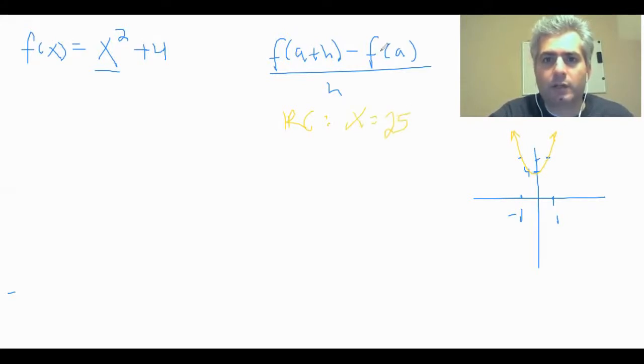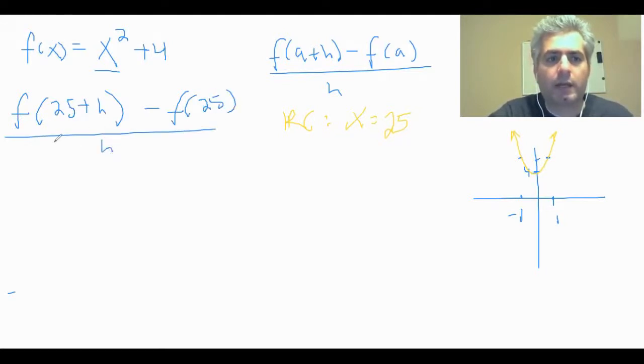Let's go right to the equation. f of 25 plus h minus f of 25 over h. Now, f of 25 plus h means you go to your function, and anywhere you see an x variable, you substitute 25 plus h into it.